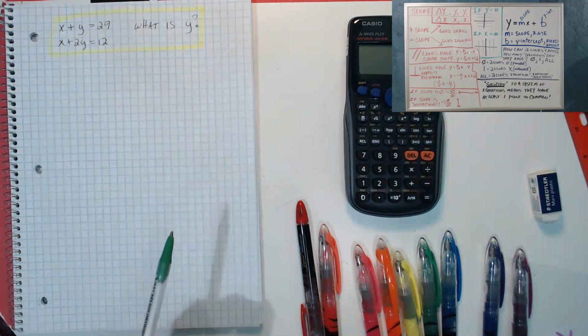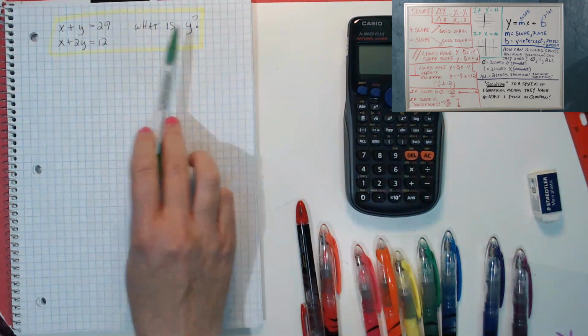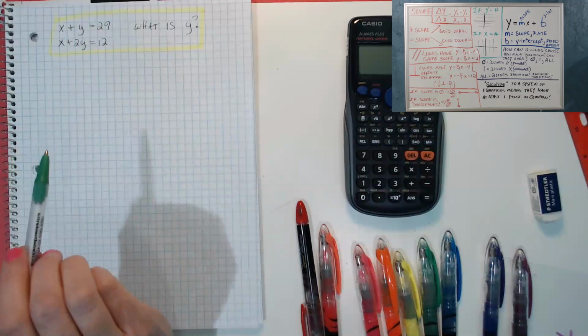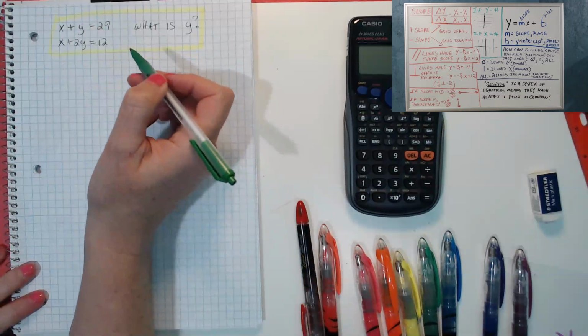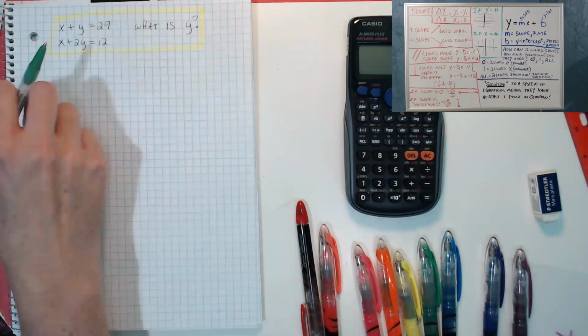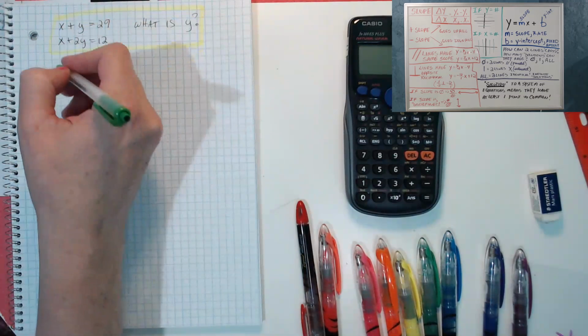So if it says what is y, what would you try to cancel out? The x, right? Yeah, because you don't need the x. So if you don't need the x, let's cancel out the x's. So let's multiply a -1 times the bottom one.